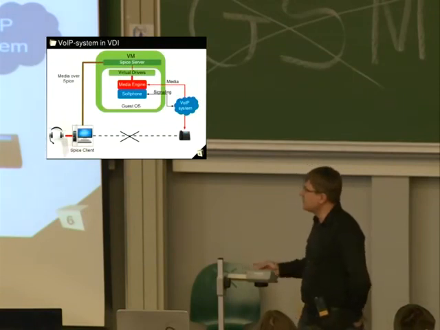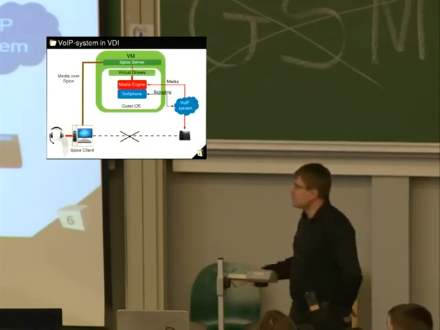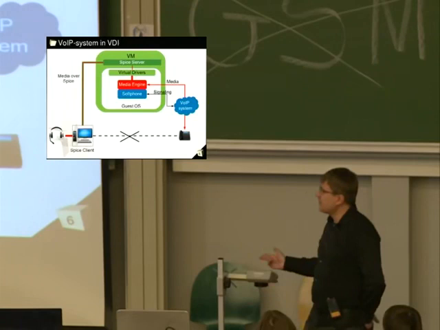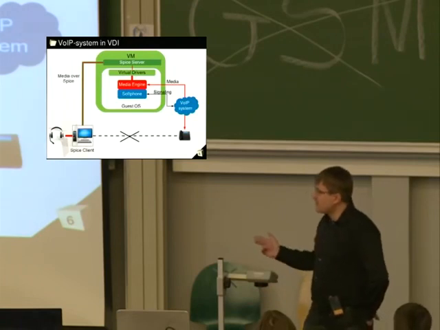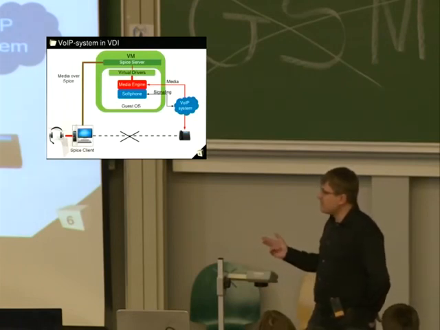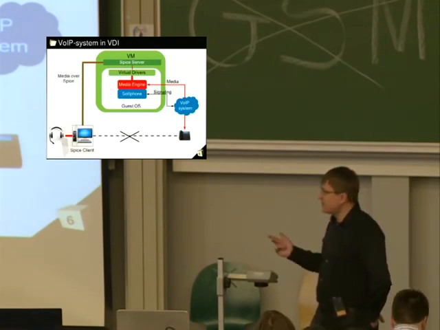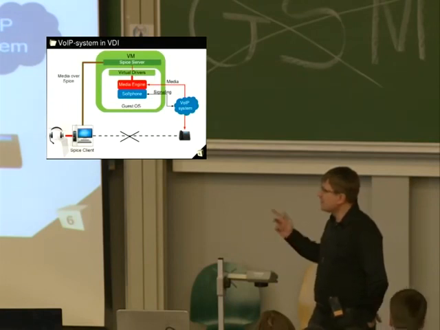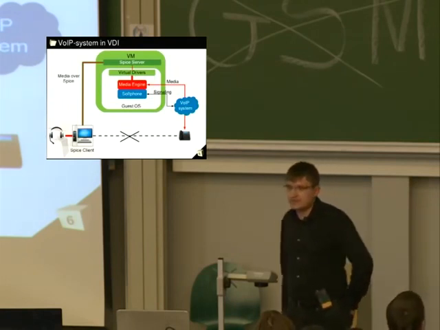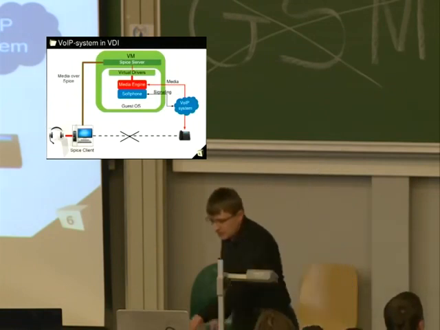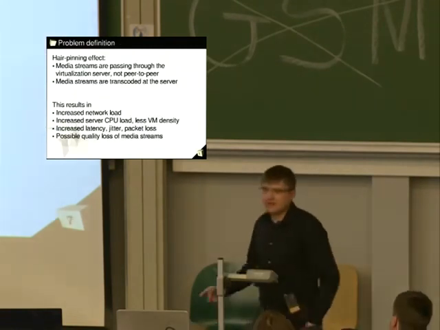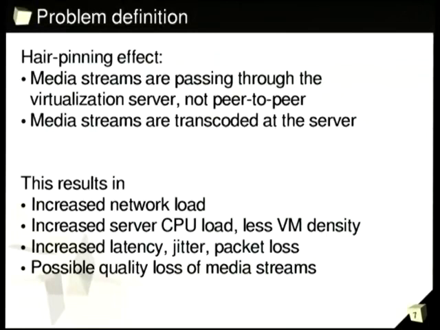It is traveling to the media engine in the virtual machine, and then again is transcoded. And the same media path is in the opposite direction from the microphone of the client, going in the opposite direction. It is also non-optimal.